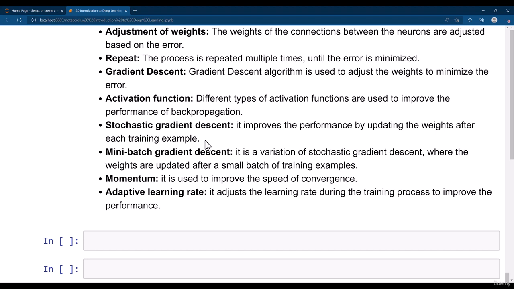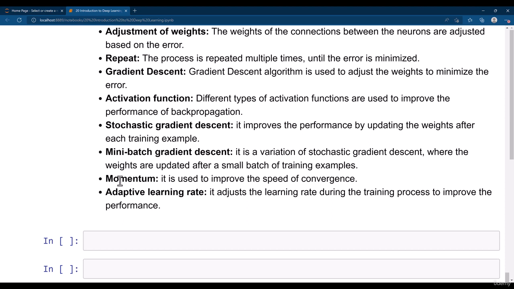Suppose your input has 100 data points or 100 rows. We don't do all 100 rows at once. We set a batch size like 32 or 64 at once, and then we train our models on those batches and readjust our weights with the help of those batches. That's why it is known as mini batch gradient descent.